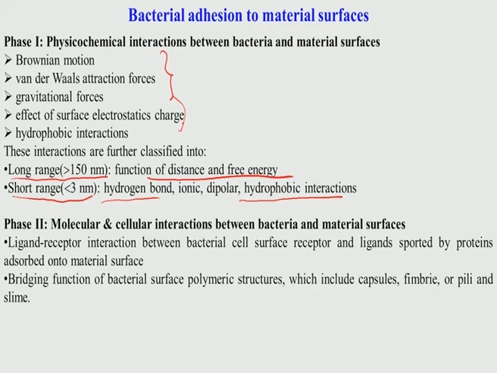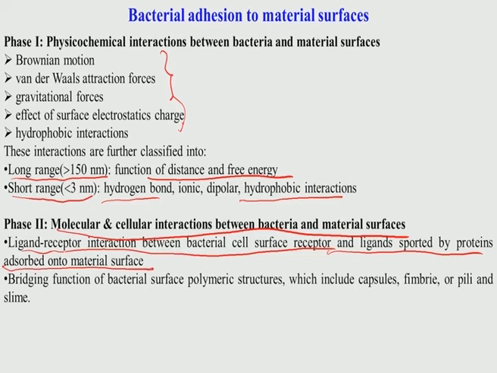The second one is phase 2, that is, molecular and cellular interactions between bacteria and the material substrate. Here again it is the same type of interaction, like ligand-receptor interaction between bacterial cell surface receptors and ligands supported by proteins adsorbed onto the material surface.